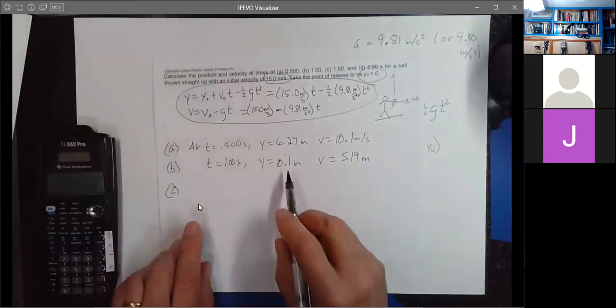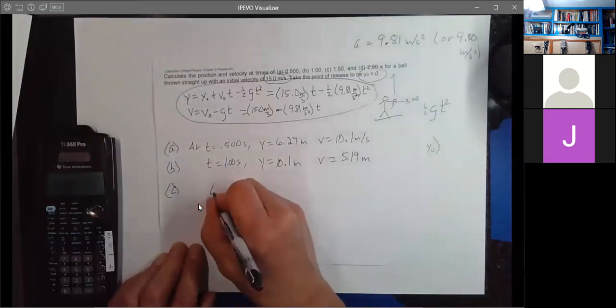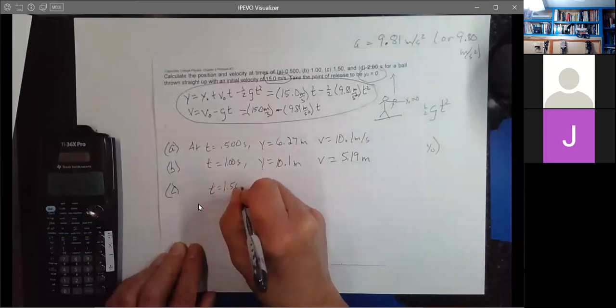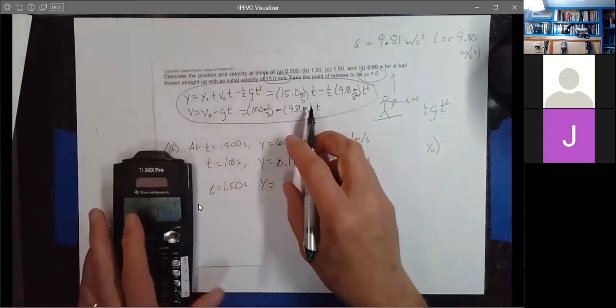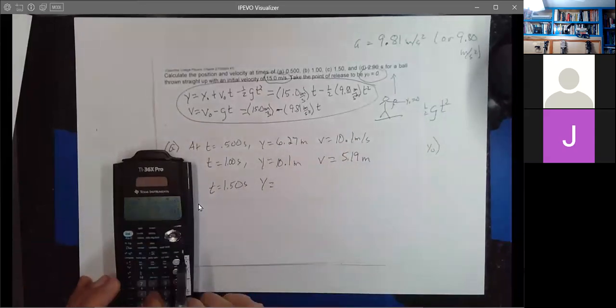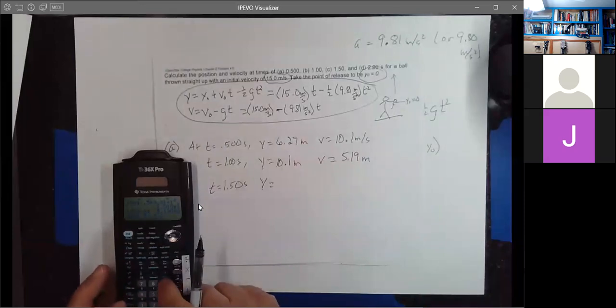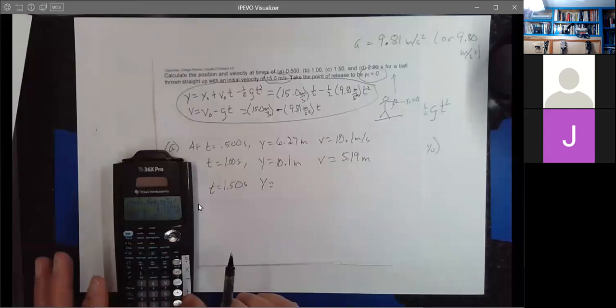C. Let's see. t equals 1.50 seconds. So I'll just do this same thing again. 15 times 1.5 minus 0.5 times 9.81.